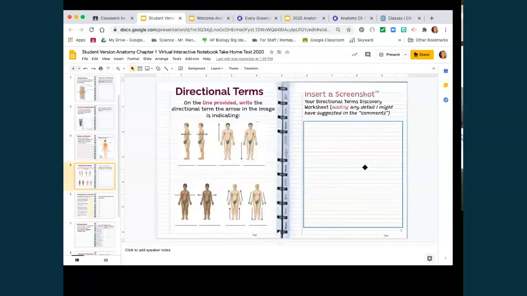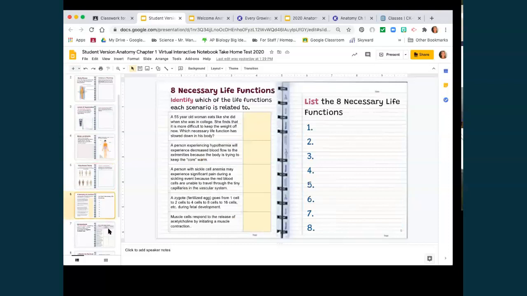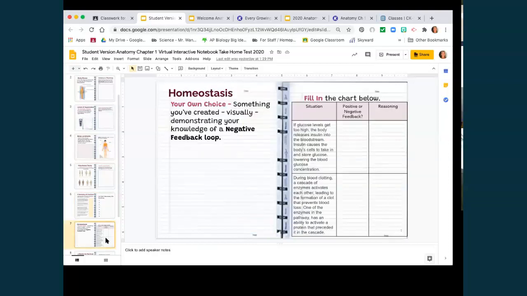Again, this one is a screenshot where you might have added details. I made comments on your sheets, especially under proximal and distal. So this is your chance to clarify. And as you go through here, there are 8 necessary life functions, and you identify which of those 8 are being exemplified here. Same kind of thing. This is your understanding of a negative feedback loop.